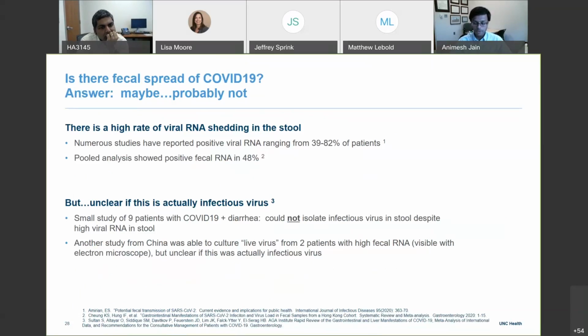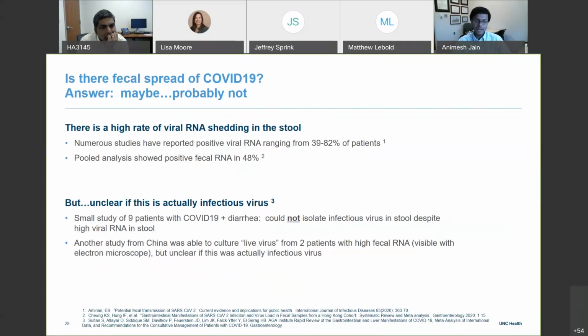However, the real rub and the real question is whether this is just naked RNA that can't cause a problem, or whether there are actually intact viral particles that could spread the virus and cause infection. There are only 2 studies that I could find that directly address this. The first is a small study of 9 patients who had COVID-19 and diarrhea, and they were not able to isolate any infectious virus in the stool, despite a high viral RNA load in the stool.